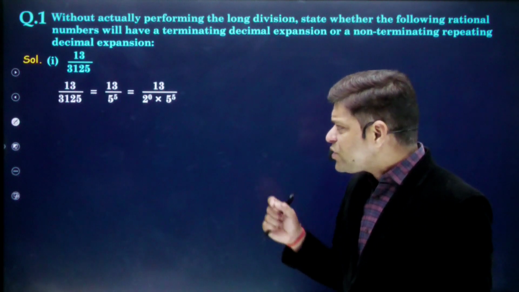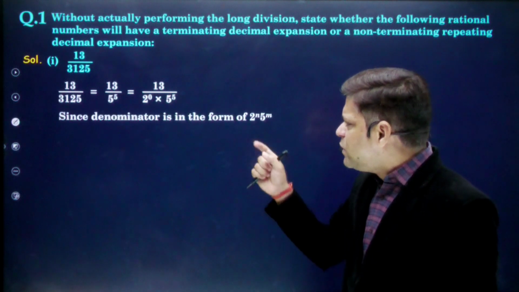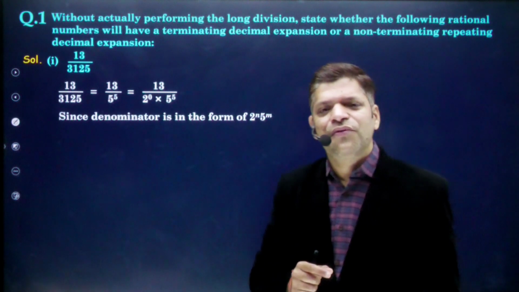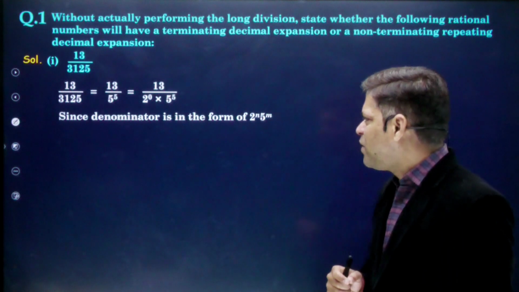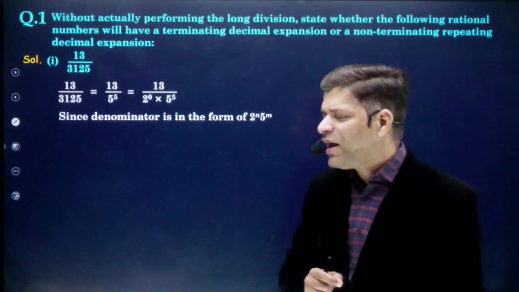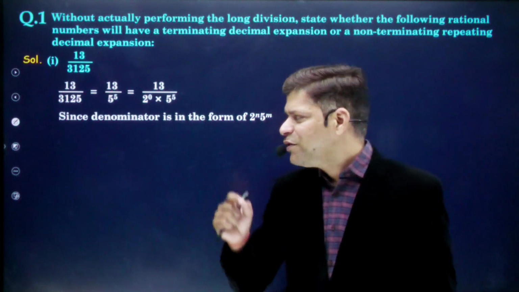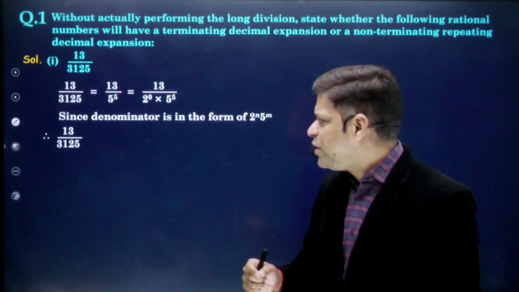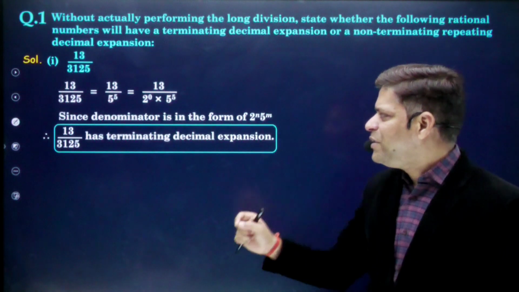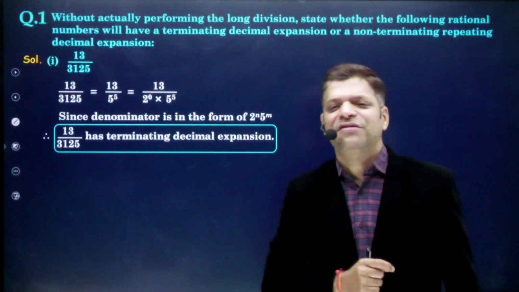Okay, so we check that the denominator is in the form of 2 raised to the power n times 5 raised to the power m, where n and m are non-negative integers. So 13 over 3125 has a terminating decimal expansion.